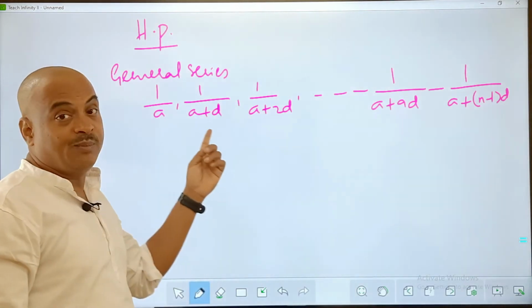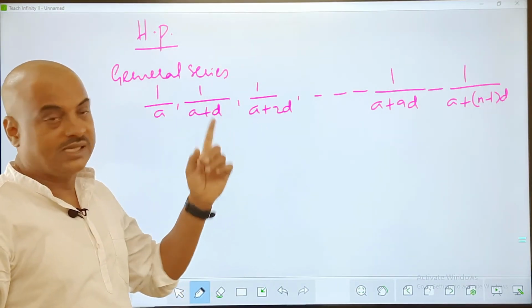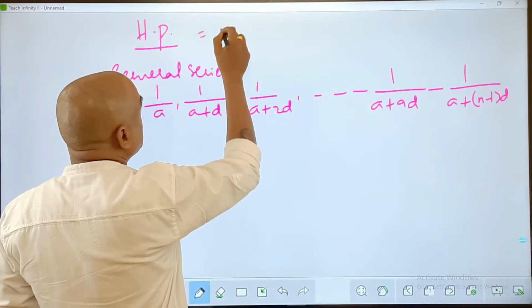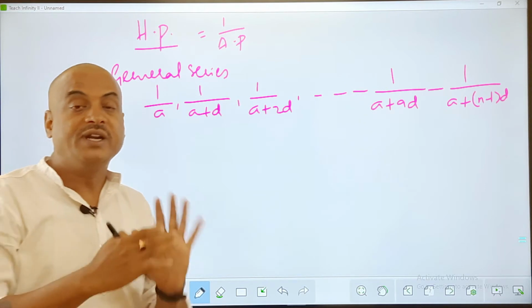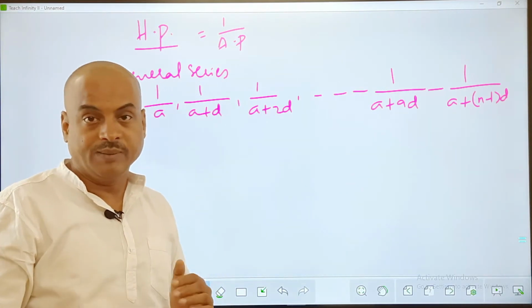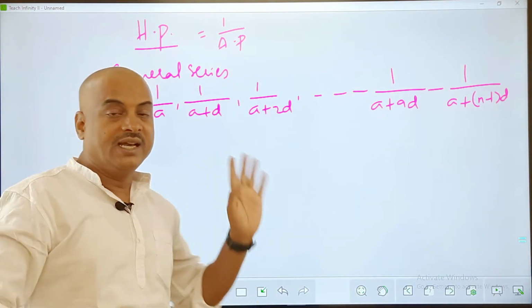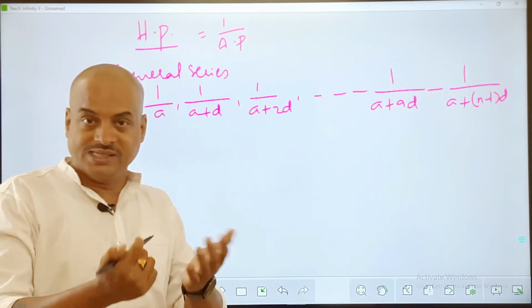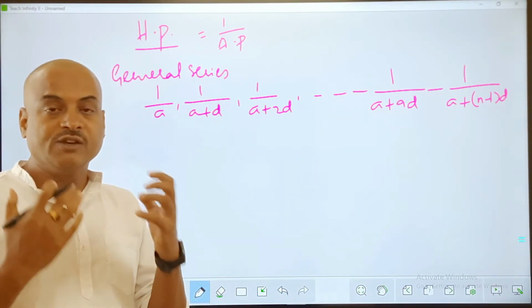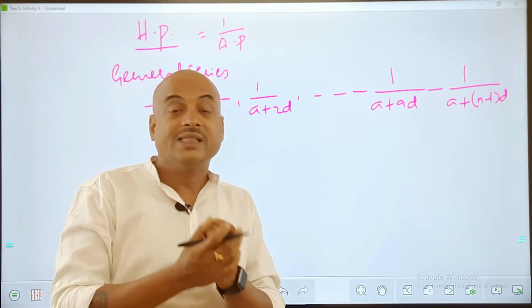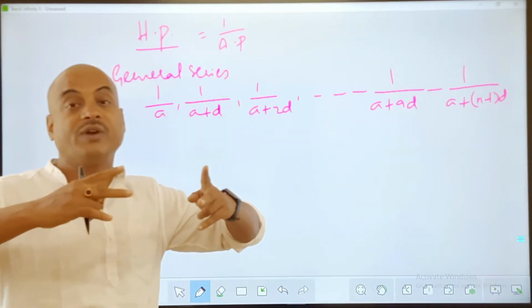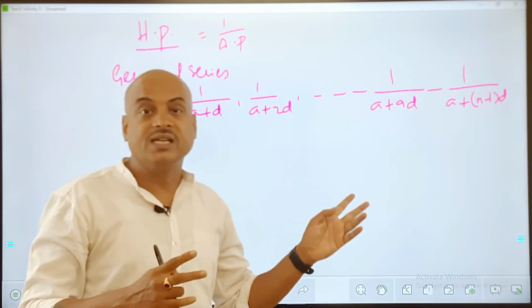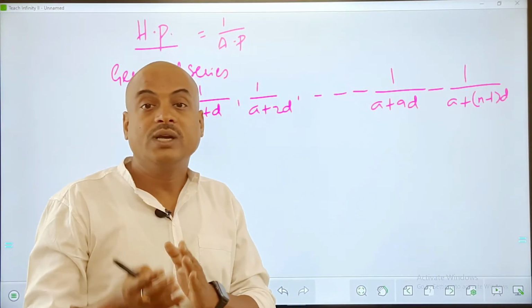This is a reciprocal of AP. HP is 1 by AP kind of a series. So you find every term is a reciprocal term of AP. Or if you take it in reverse, this series will convert into an AP series. Now that itself gives me an important point: if you take a reciprocal of every term in the given series, then it gets converted into AP.